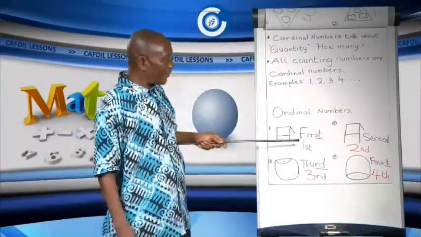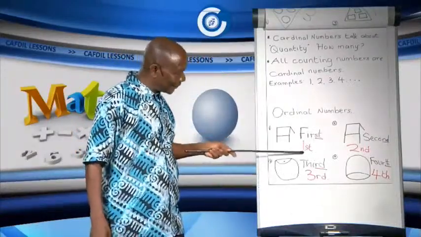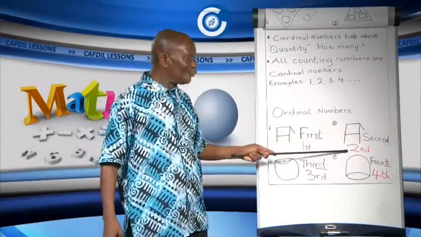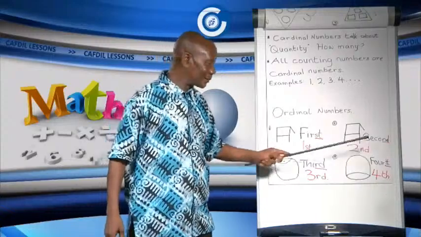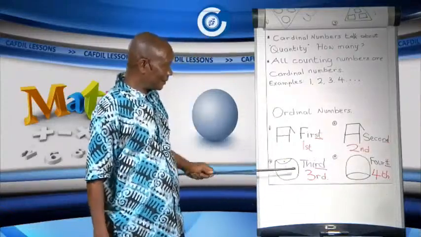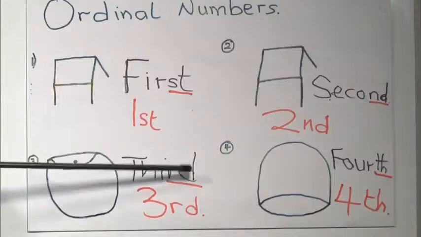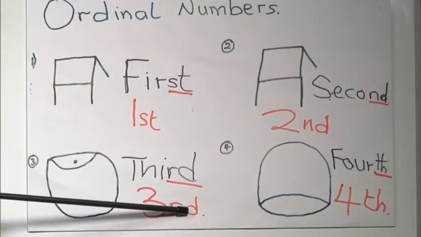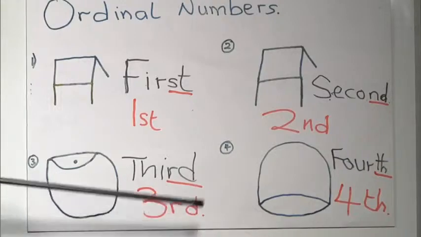We have first, ST. Second, ND, so you write 2 and then ND. Third, you see the RD, it is attached to 3. So that makes it third.